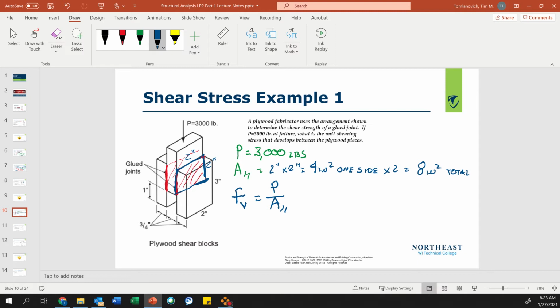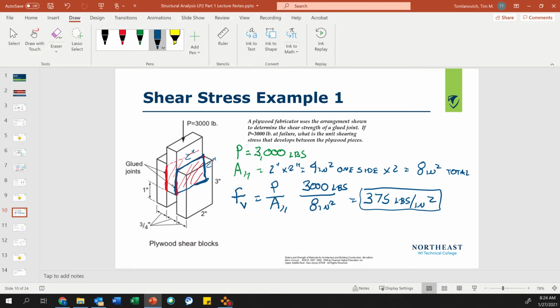So I have 3,000 pounds divided by 8 square inches, because remember it's holding up two areas. 3,000 divided by 8 is 375 pounds per square inch. So that's the shear stress that develops between the plywood pieces.